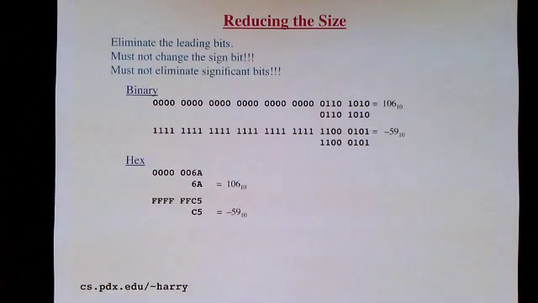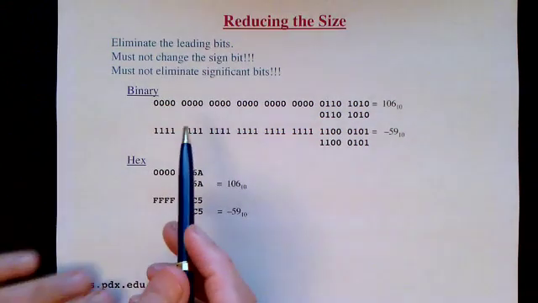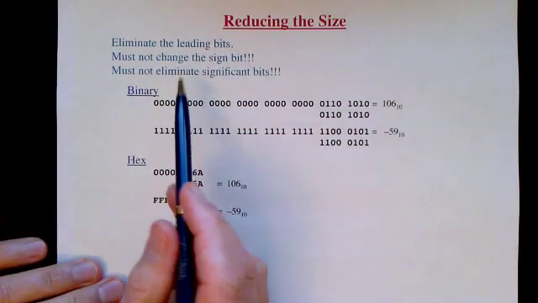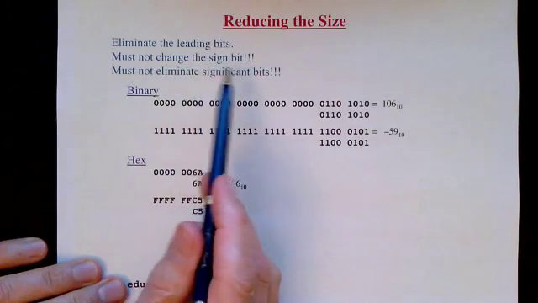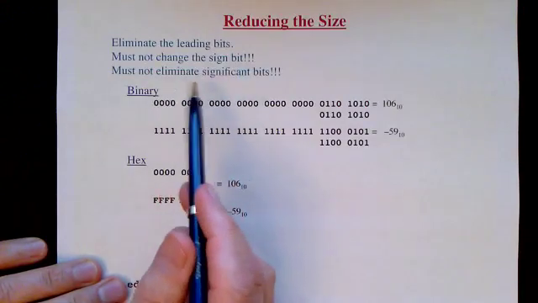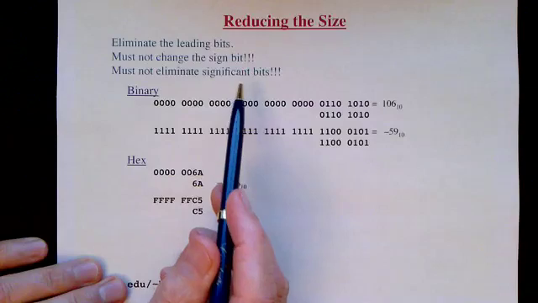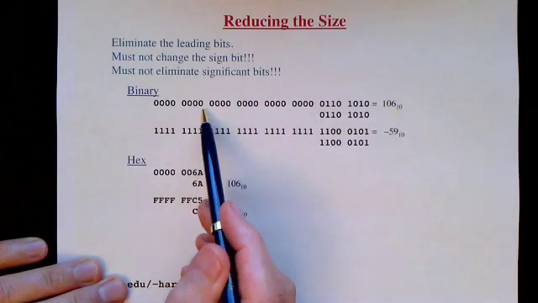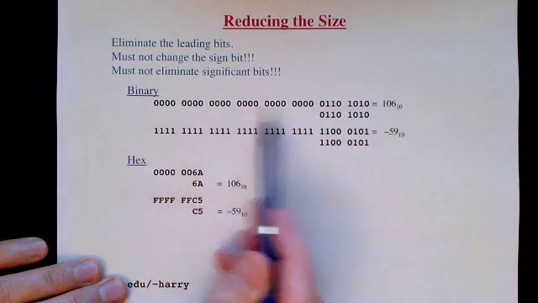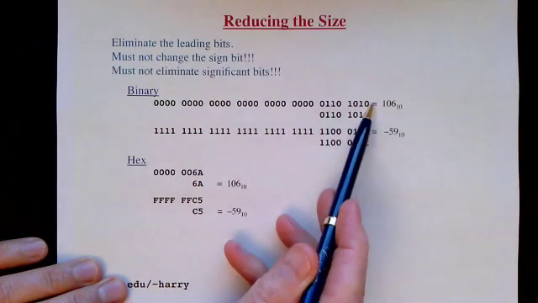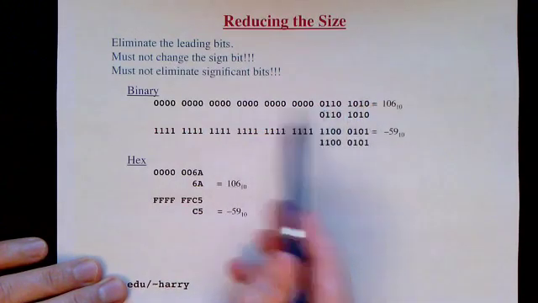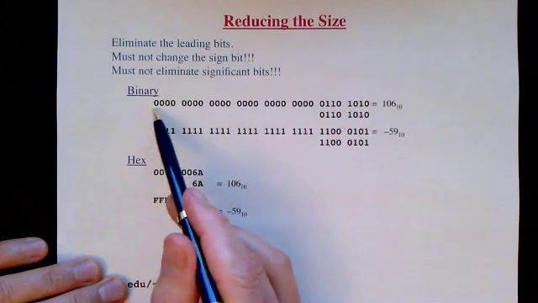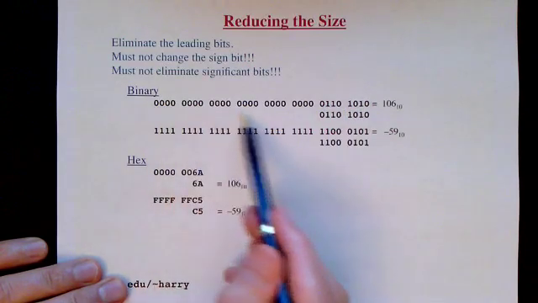The next thing we might want to do is reduce the size of a number. But when we do this, we have to be careful that we don't change the sign bit and we don't eliminate significant bits. So here we have a full word, 1, 2, 3, 4 bytes, and it's a positive number because the leading bits are 0.